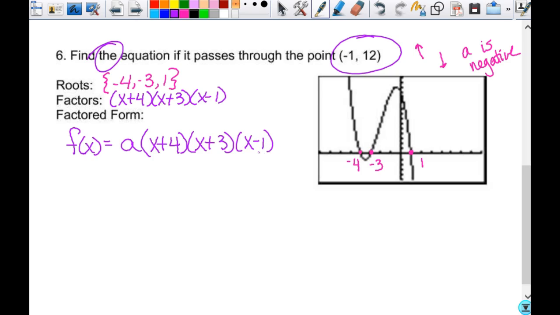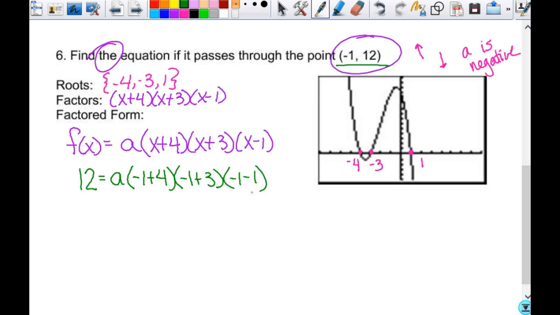So what do you think I can do to find A? Plug in the point, right? We have a point that gives us x and y, so we can plug in the x and the y and figure out what A is going to be. So I'm going to take this and I'm going to substitute for f of x, I'm going to substitute 12. That's equal to A times negative 1 plus 4 times negative 1 plus 3 times negative 1 minus 1.